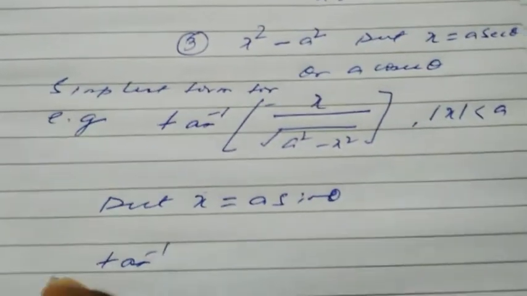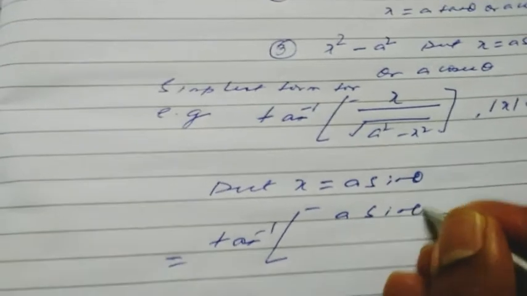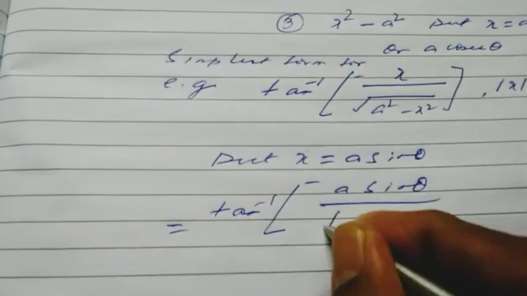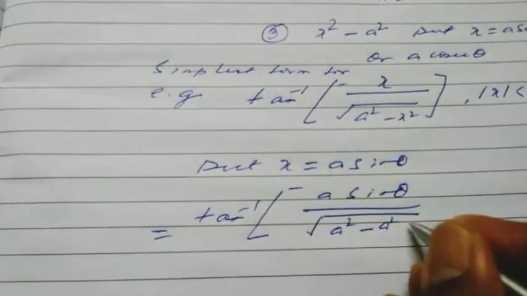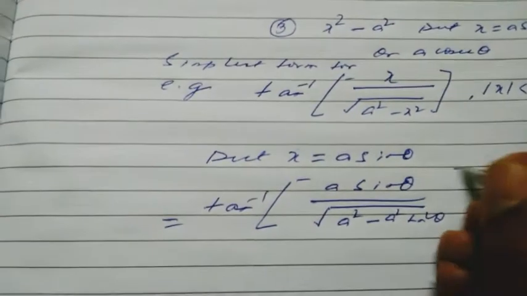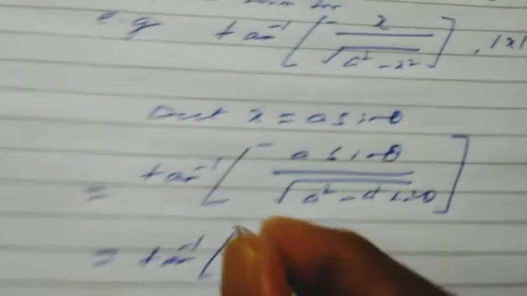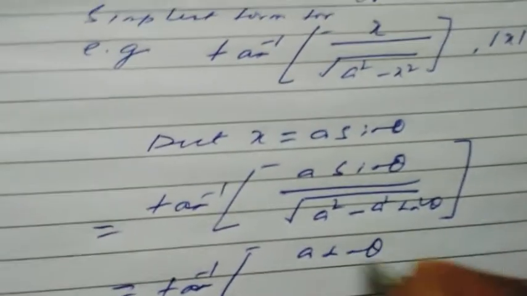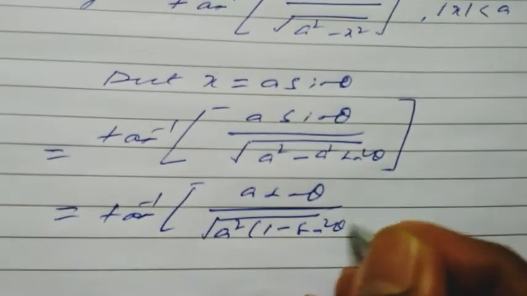So I'm putting that, and then we'll go for the question. This is tan inverse of a sine theta upon root under a square minus a square sine square theta, and then it will be tan inverse of a sine theta upon root under a square, taking a square common, 1 minus sine square theta.